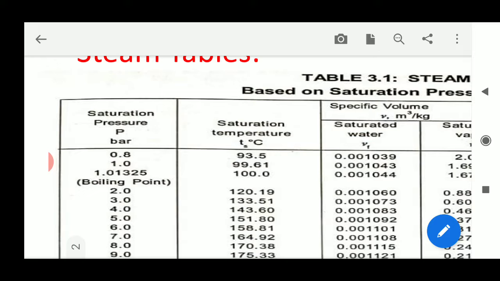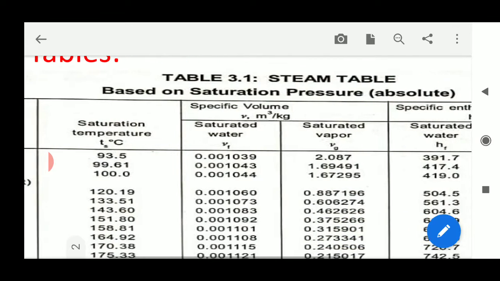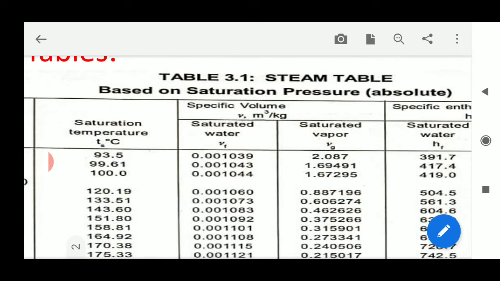And in the next columns, the specific volume for the different pressure and saturation temperature. So the specific volume for saturated water, Vf, and specific volume for saturated vapor, Vg. So these values are also given for the different pressures.